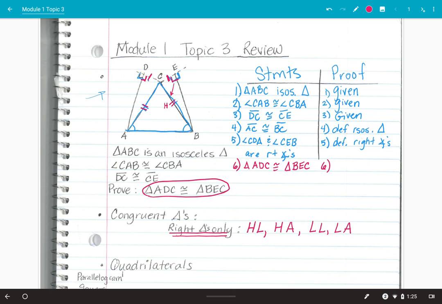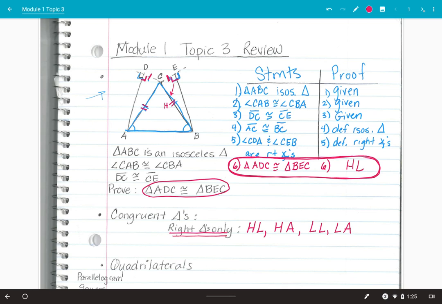And it has another side marked, so it's going to be hypotenuse leg. If you don't have to do the whole proof on the test, I'm fine with that, as long as you can tell me this part. How are they congruent? How can you prove it? If you can do that, I'm happy.